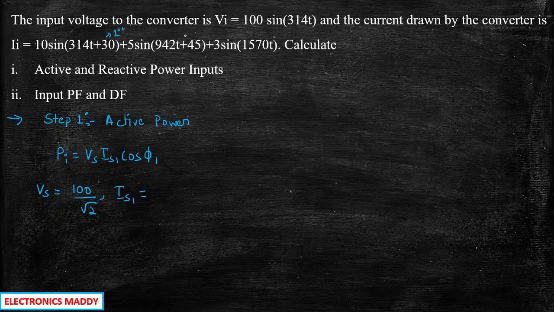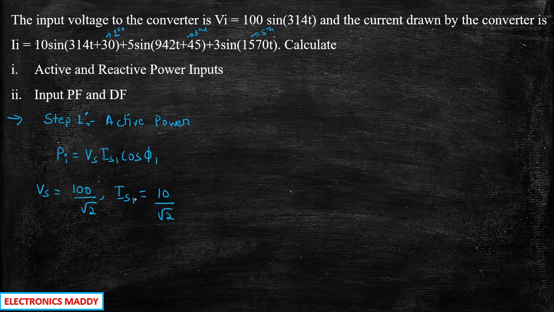Don't get confused when there is a huge term. This is with respect to the third harmonic, and this is with respect to the fifth harmonic. For the first harmonic, 10 is the magnitude, so 10 divided by root 2 will give us the RMS value.